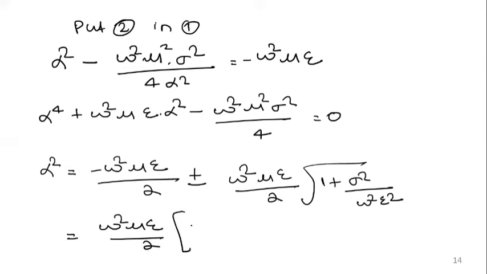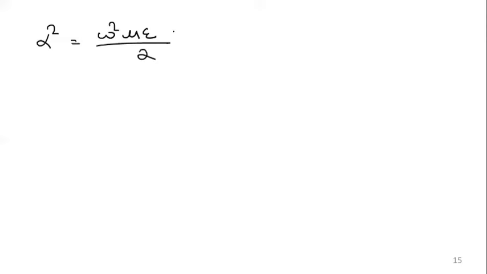You took it as common, minus 1 plus or minus root of 1 plus (sigma by omega epsilon) the whole square, which gives us alpha square is equal to omega square mu epsilon by 2 (root of 1 plus (sigma by omega epsilon) the whole square, minus 1).